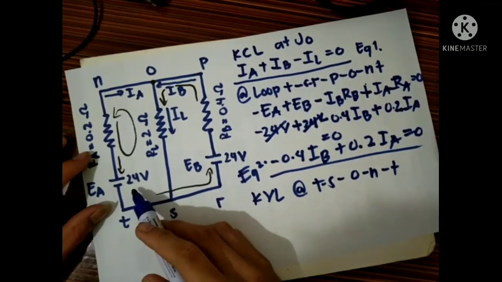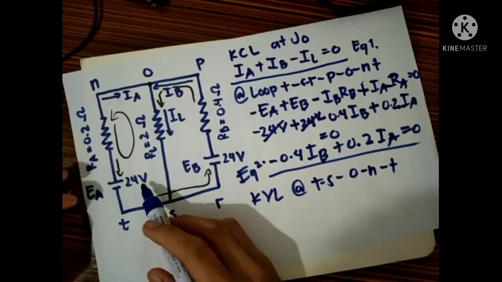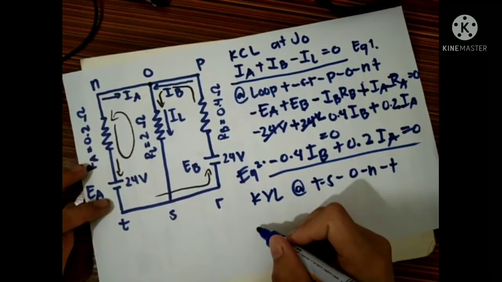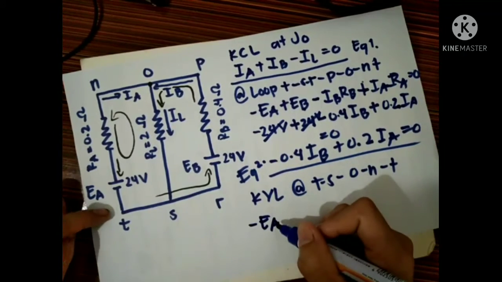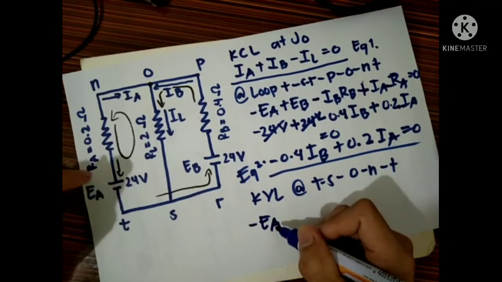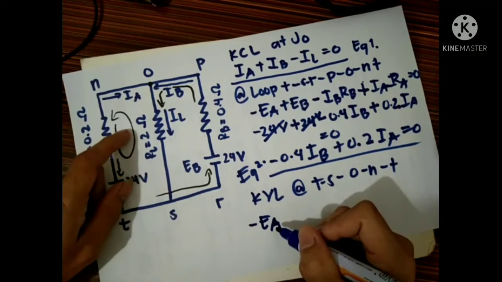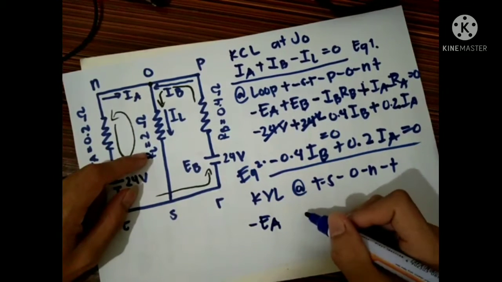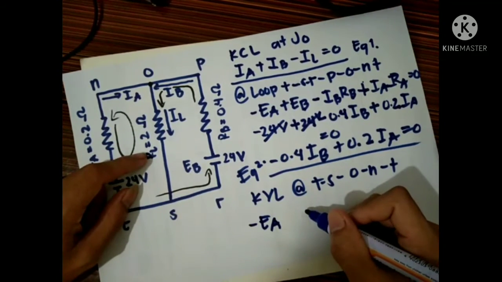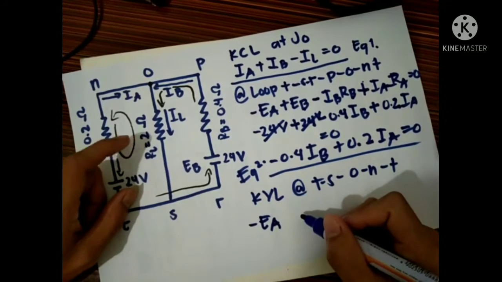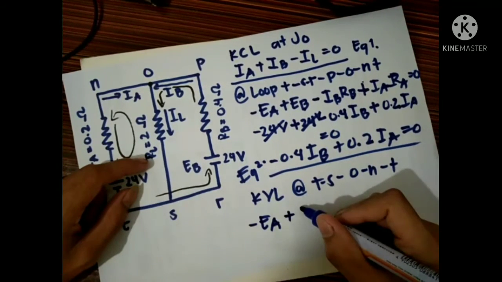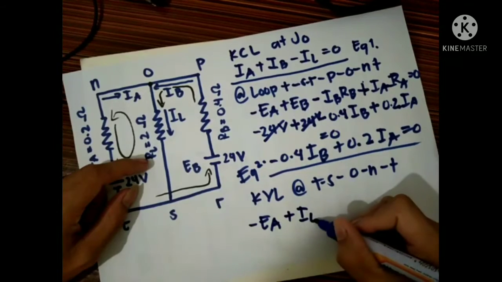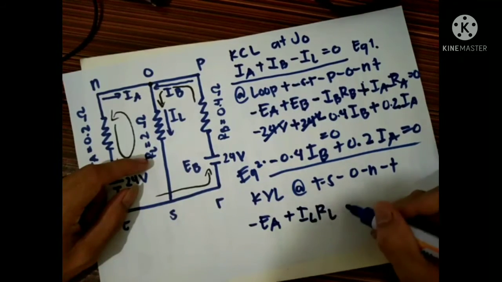The direction travels along from EA. EA is negative, and then it travels to RL, which is multiplied by IL. It is positive since it is opposite, so plus IL RL.